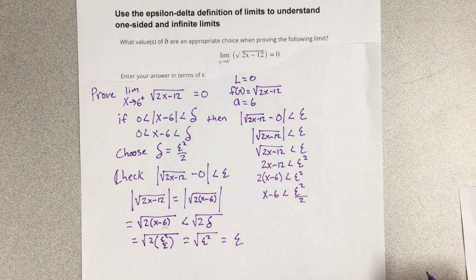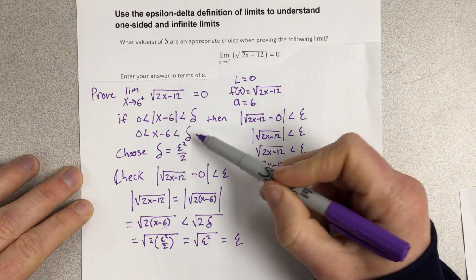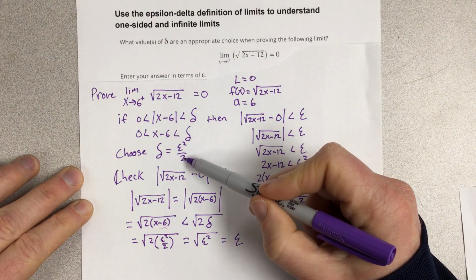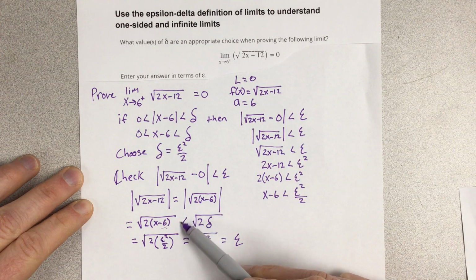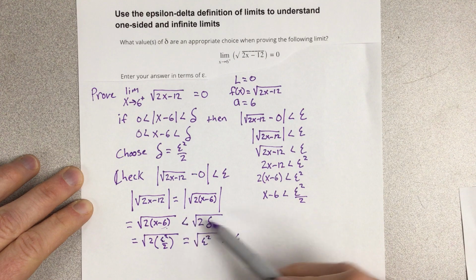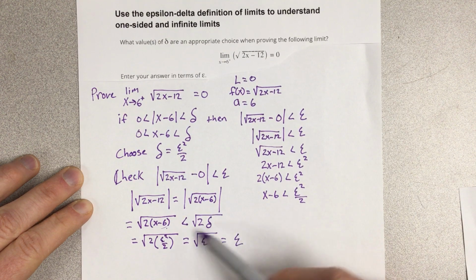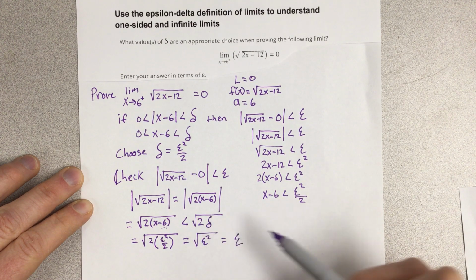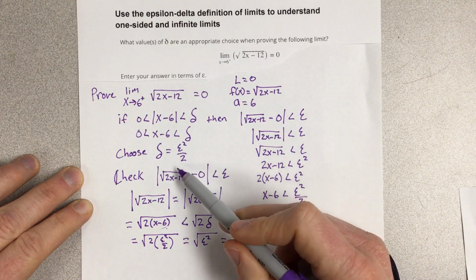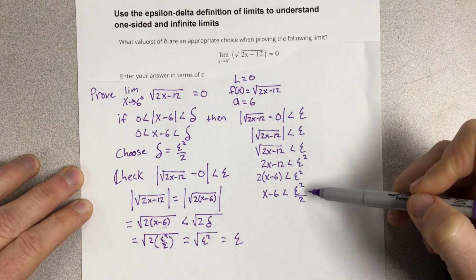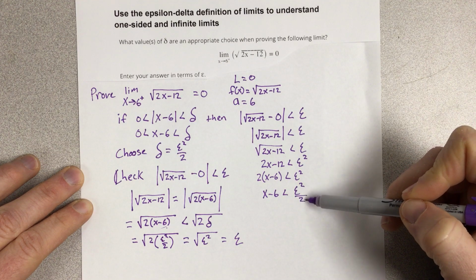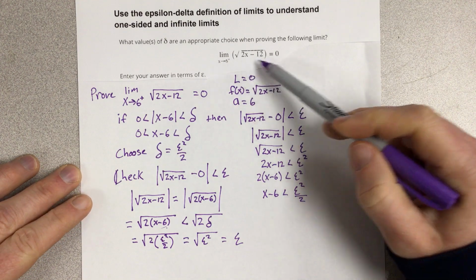So we just proved that using delta as epsilon squared over 2, we end up less than epsilon, because at this point we got that less than piece, and all these other pieces are equal to the root of 2 delta. So we proved that this piece was less than epsilon when we chose delta to be epsilon squared over 2. So we actually proved this limit.